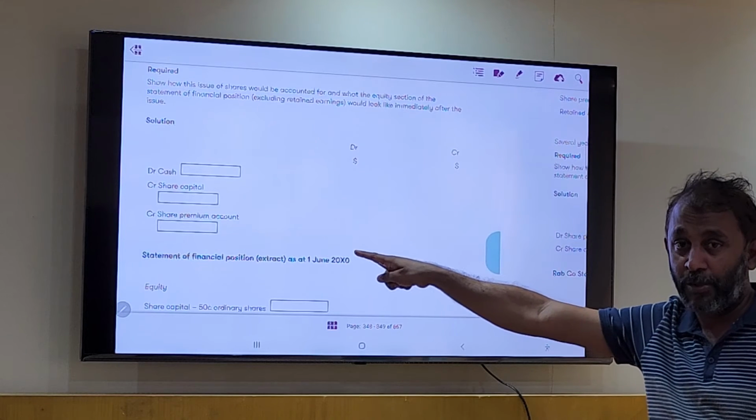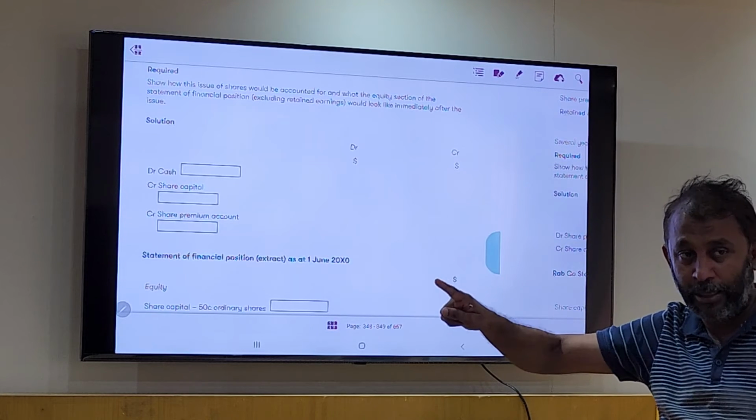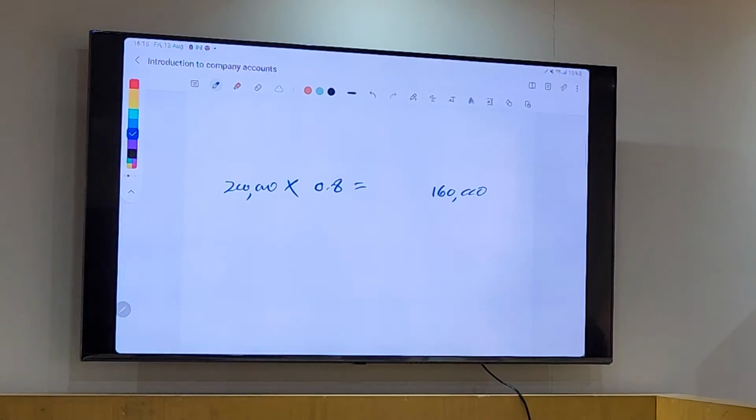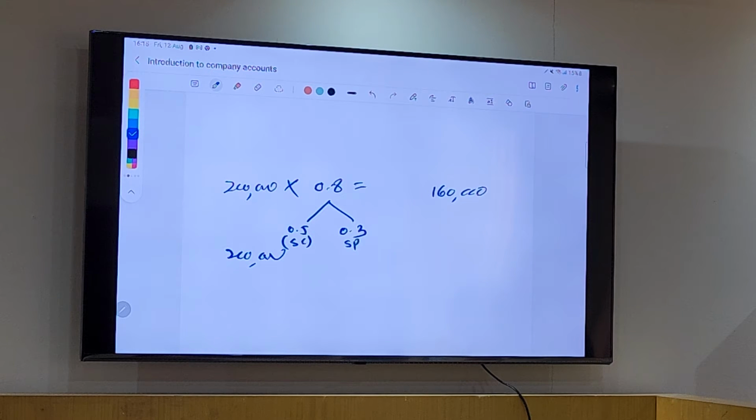Second box, 200,000 into 0.3 and here 60,000. Now see, this 0.8 we have 0.5 and 0.3. 0.5 is share capital and 0.3 is share premium. How much is going to 0.5 and 0.3?